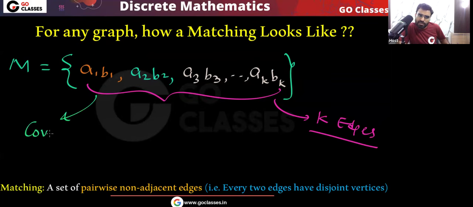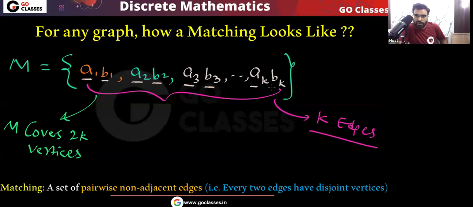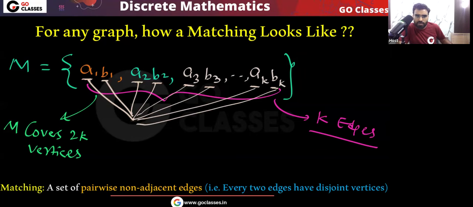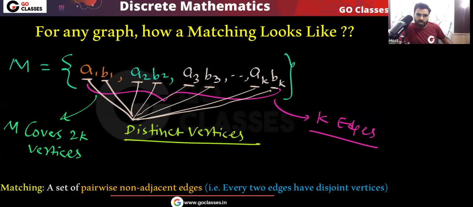This matching M covers a total of 2K vertices, and all these vertices are distinct, different from each other. I hope you understood.